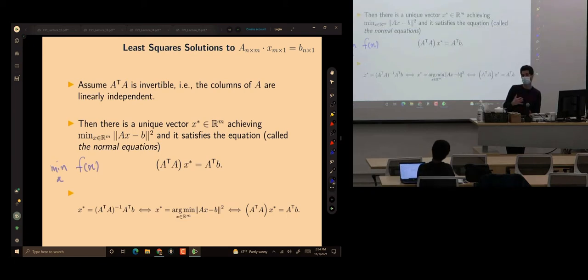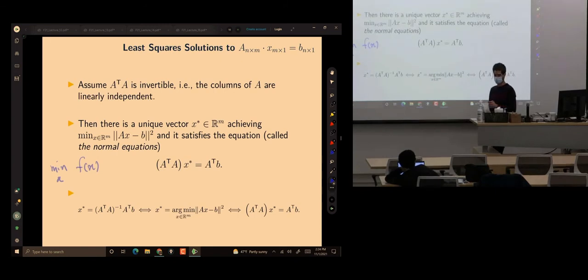This means find the minimum value that f of x can obtain over all valid numbers that x can take.